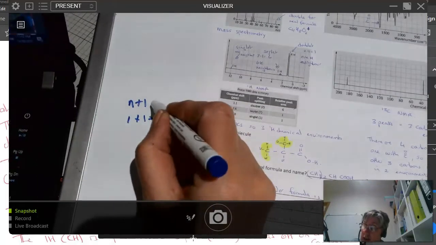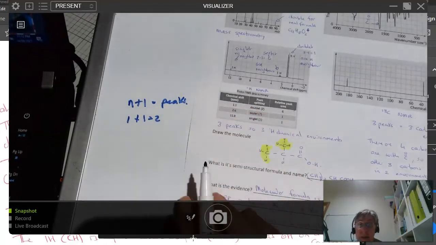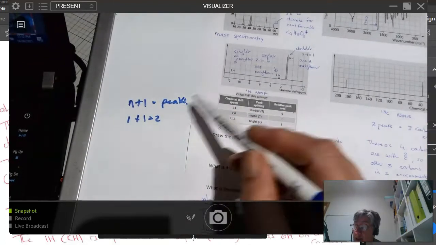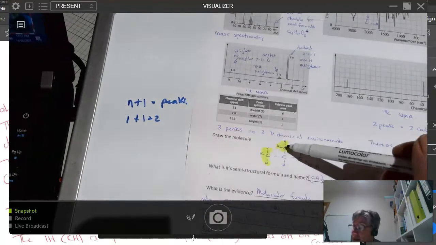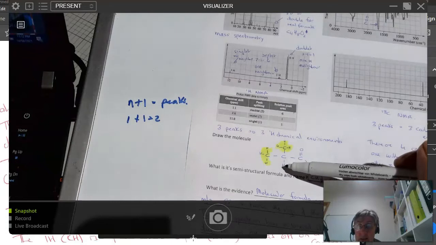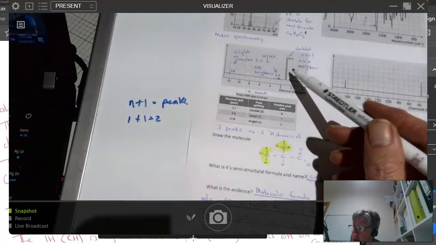So this equals the number of peaks. If we have 2 peaks, 2 minus 1 will tell you how many hydrogens are on the adjacent carbon. So we've got 1.